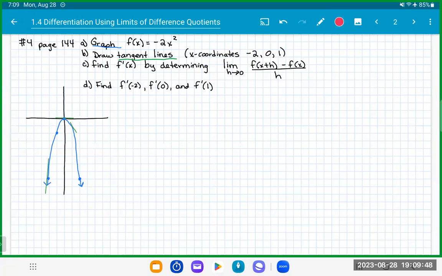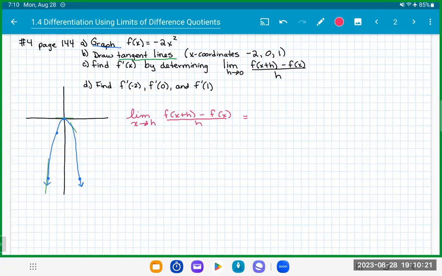And so for that one, remember, we are just substituting f of x plus h first. So we have that our limit as h approaches 0 of f of x plus h minus f of x over h really translates to the limit.